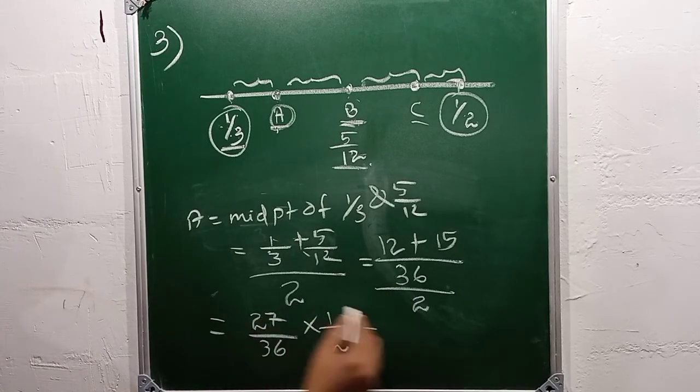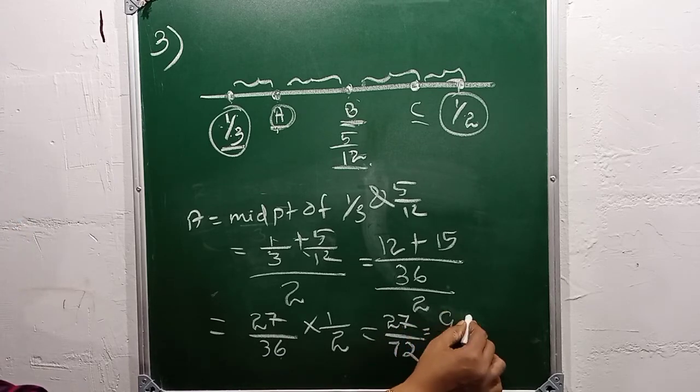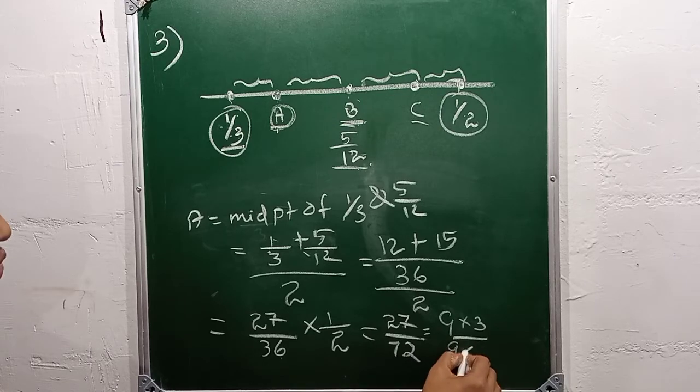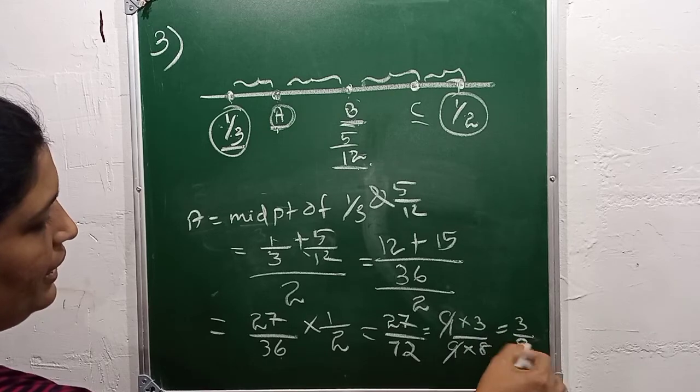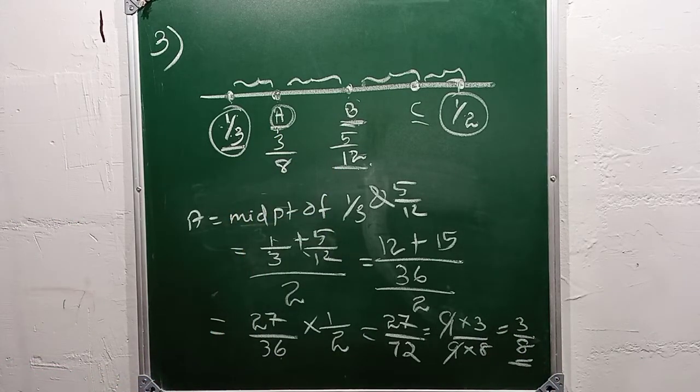So that is 27 by 36 into 2, which is 72. This 27 is actually 9 into 3 and this 72 is 9 into 8, so 9 and 9 get cancelled. So 3 by 8. So this point A is 3 by 8.